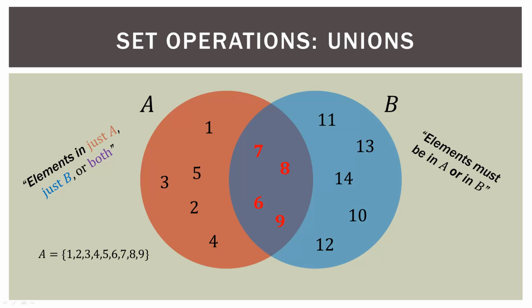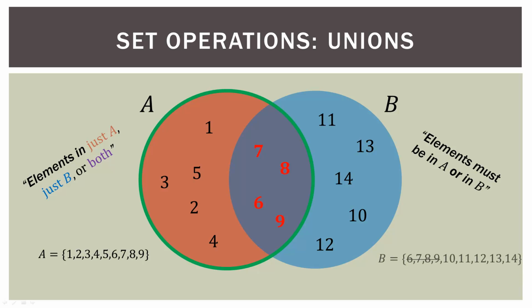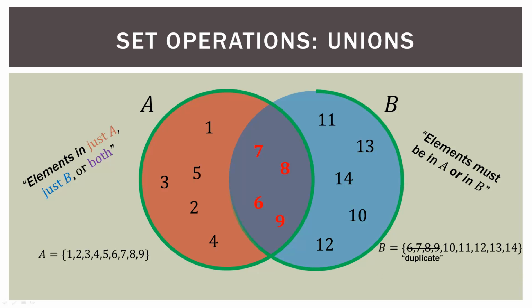So A is 1, 2, 3, 4, 5, 6, 7, 8, 9. So this is this region right here, the A circle outlined in the green. B is this area. Now notice that down in the B set down there, I crossed out the 6, 7, 8, and 9. Well, why did I do that? Because when we're doing a union, we're interested in sort of what's in the whole thing.